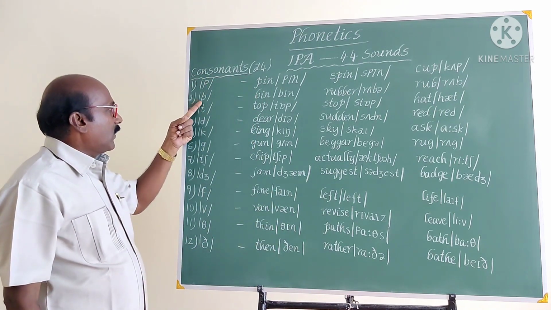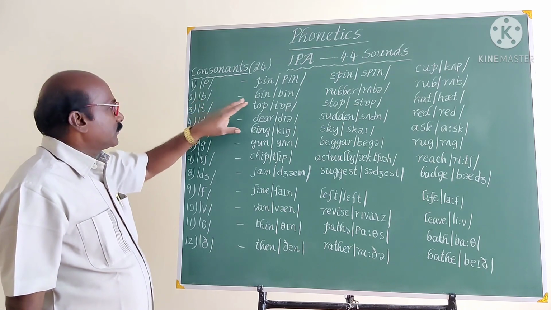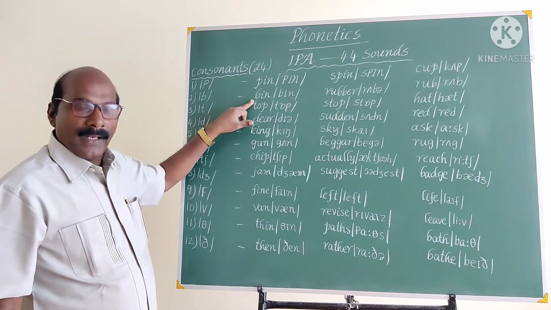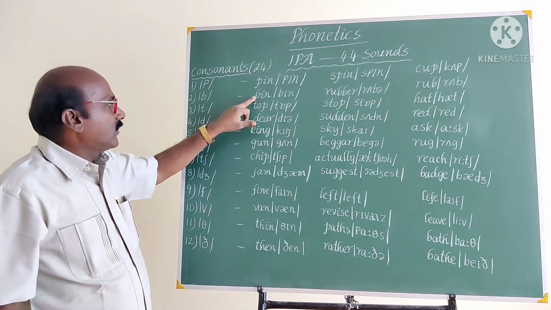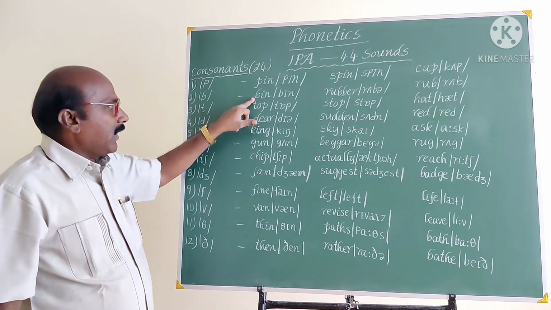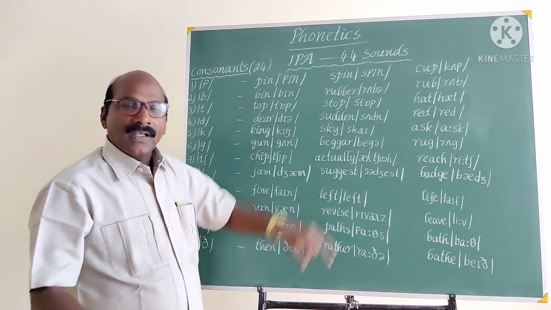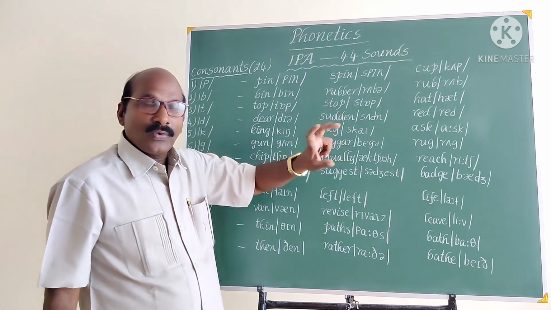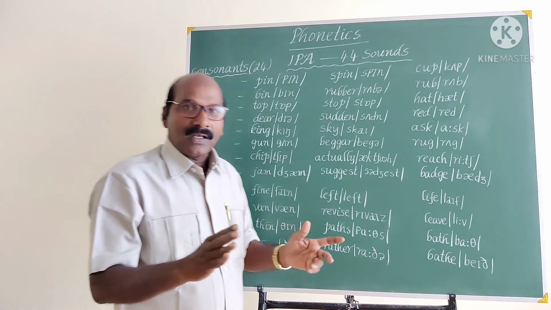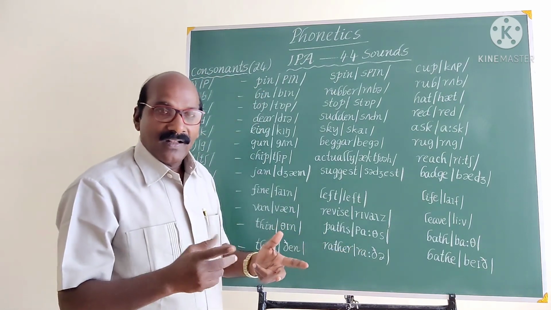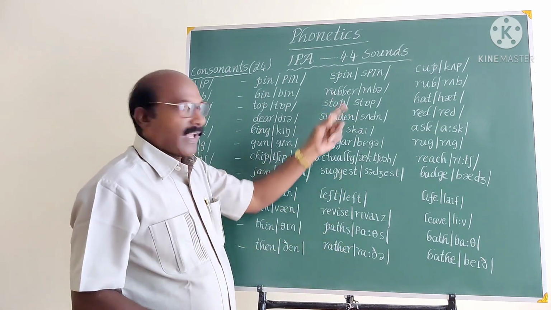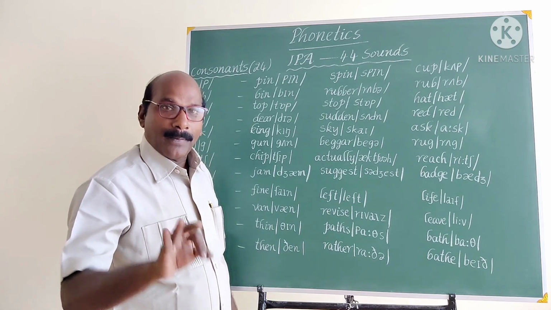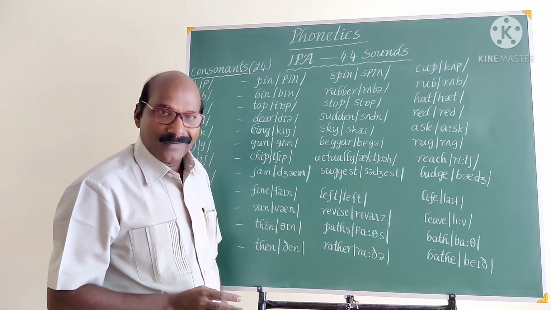Next sound b, as in bin. Initially it occurs in bin, and medially in rubber. There are 2 consonants, but we should not have any gemination here. There are people who mispronounce it as rubber with a doubled sound. It's a wrong pronunciation.